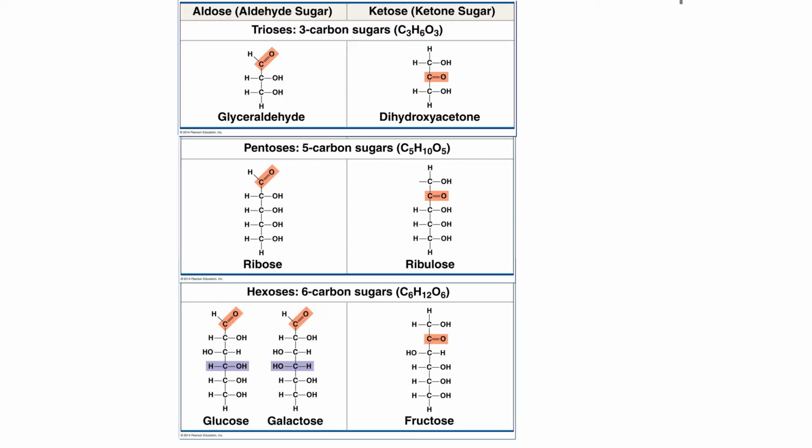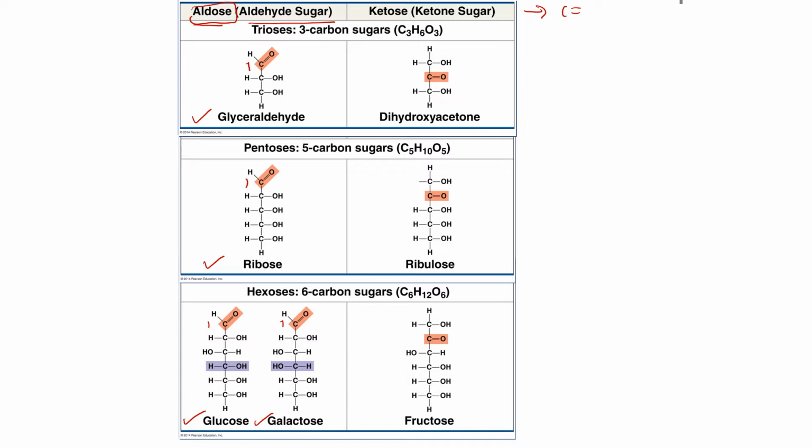Okay, so let's look at the next slide. You can classify the monosaccharides based on the position of the carbonyl group. If the carbonyl group is located at carbon number 1, as you can see here, the sugar is known as an aldose or aldehyde sugar. For example, we have glyceraldehyde, ribose, and also glucose and galactose.